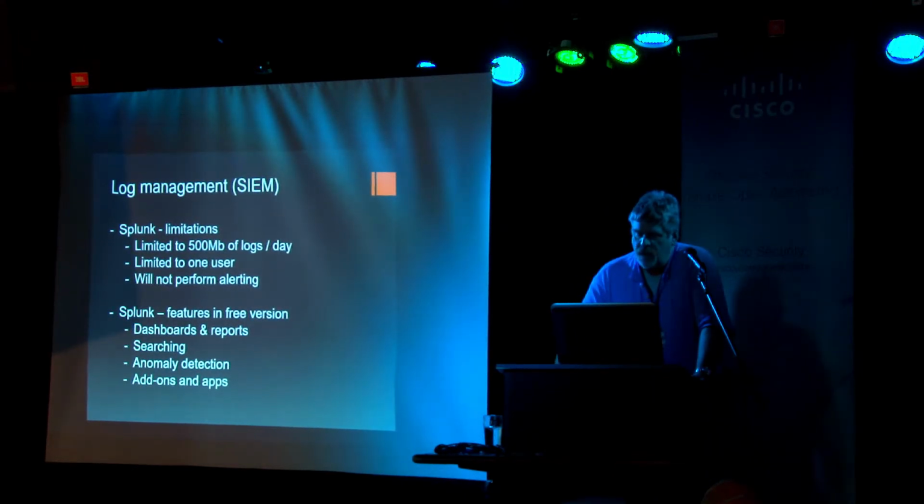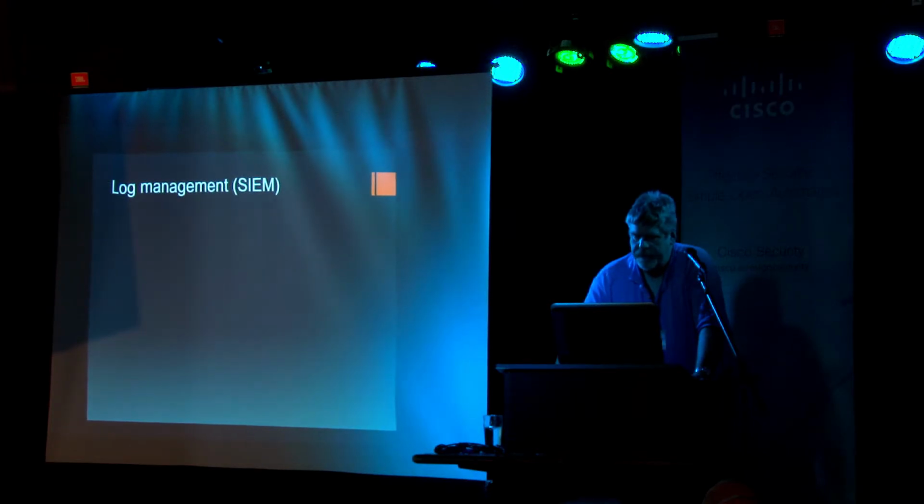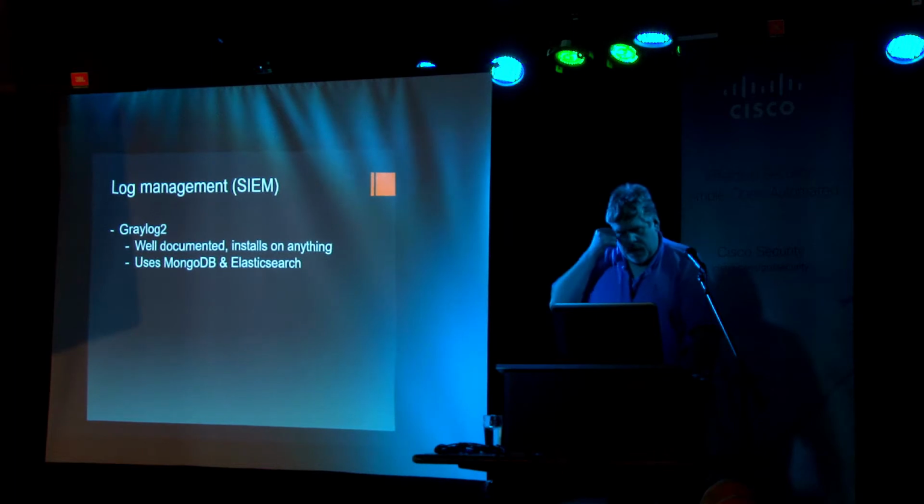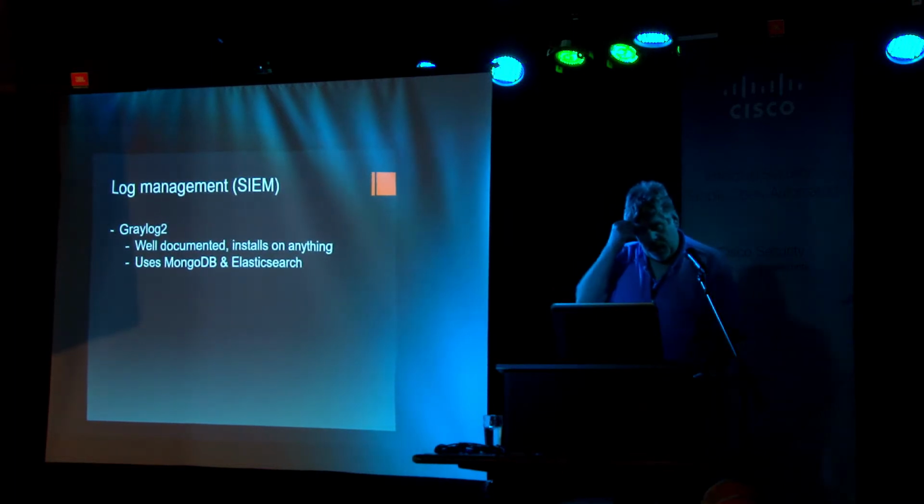It has local agents that gather and forward the logs, especially on Linux. So there's some maintenance issues when you scale up, but for the free solution, for my purposes, it was great. There are others. Graylog 2 is really well documented, good product. It installs on anything.